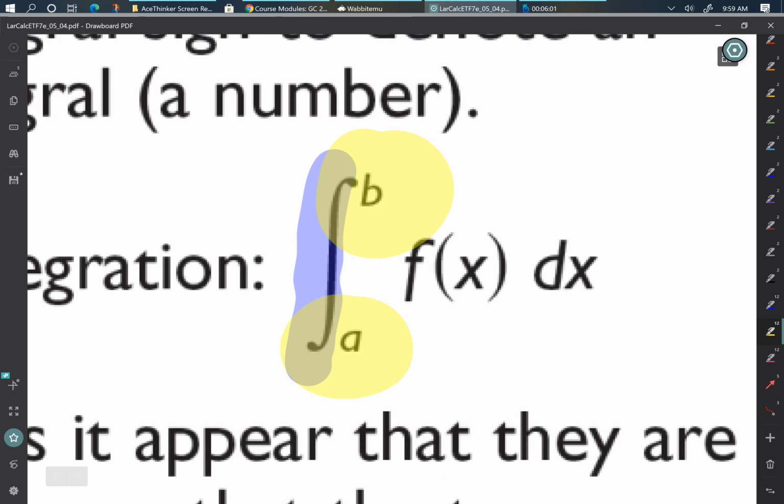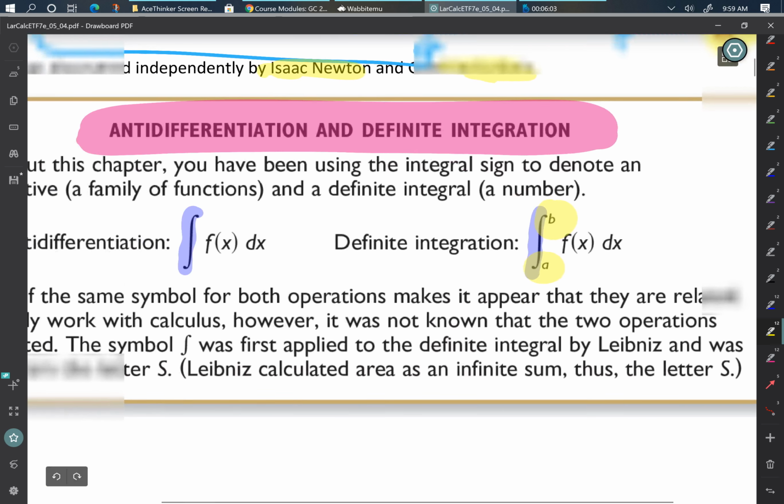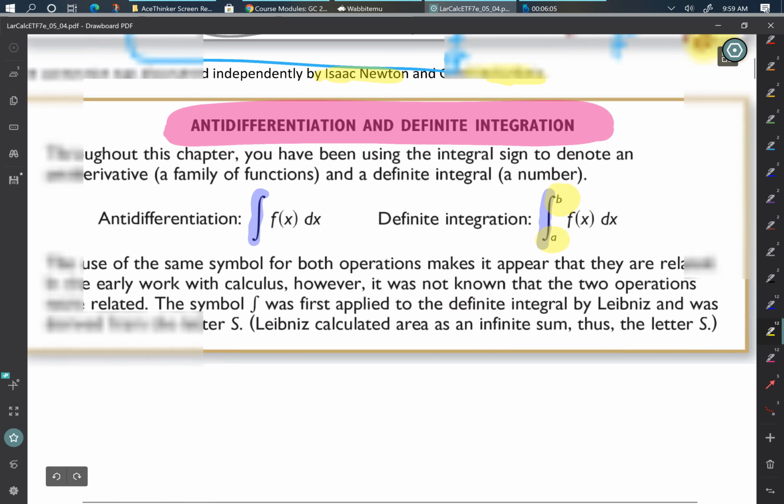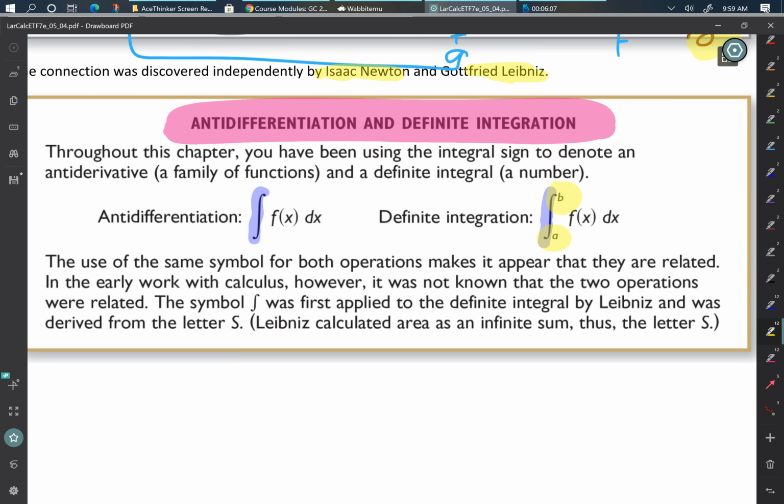So what we need to do is become very, very good at looking at a problem and determining whether it's just a simple anti-differentiation problem, like the one on the left here, or whether it's a true definite integral problem like the one on the right. And basically what it boils down to is how do we want this to work?